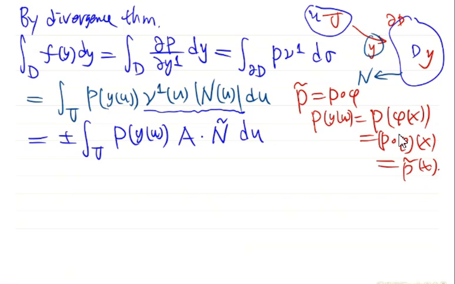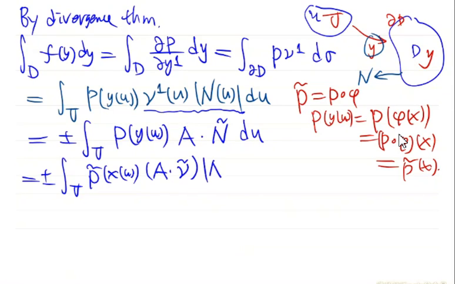So this integral can be written as p tilde of x(u), and then a. And for n tilde, we can write it as a composition with the normal vector of n tilde multiplying the norm of n tilde, then du.